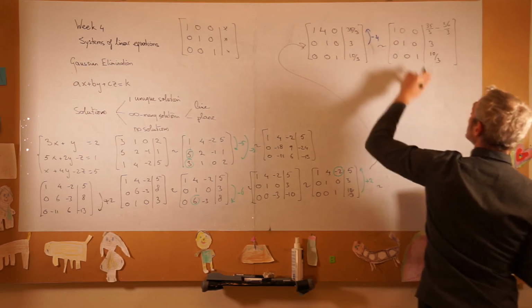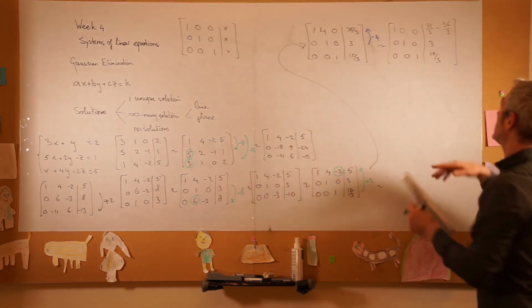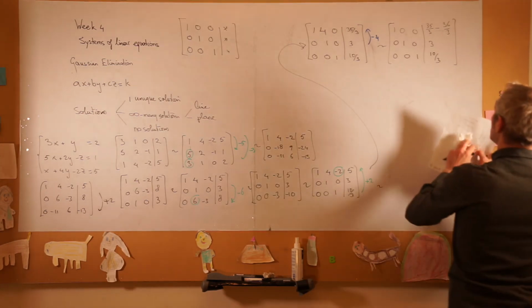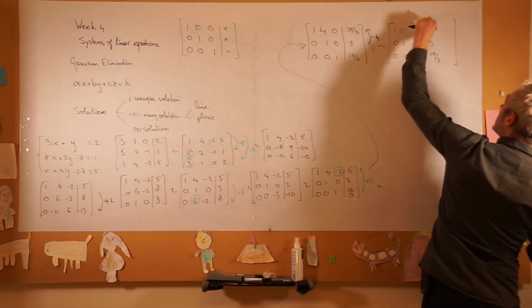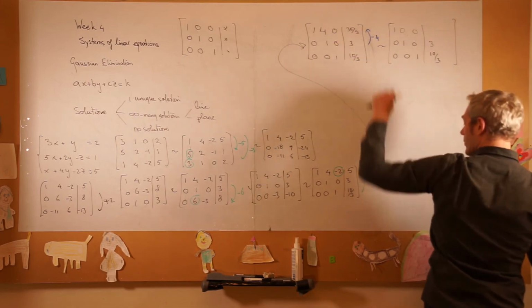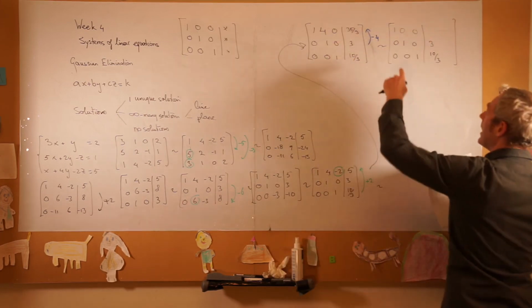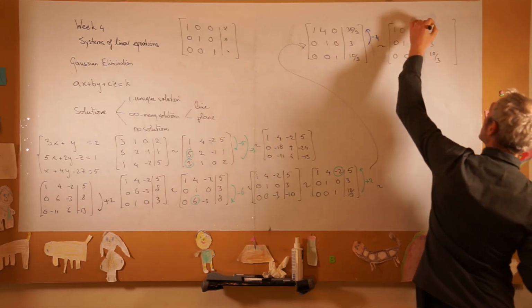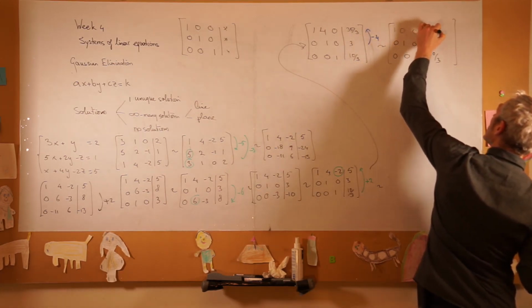And 35 over 3 minus 36 over 3 is equal to minus 1 over 3. So 3 times 4 is 12, we take that away, but I have written this in thirds. 12 is equal to 36 over 3, and this is minus 1 over 3.